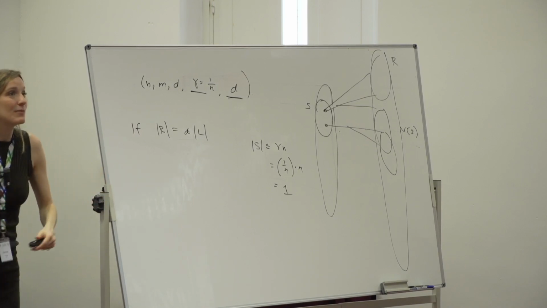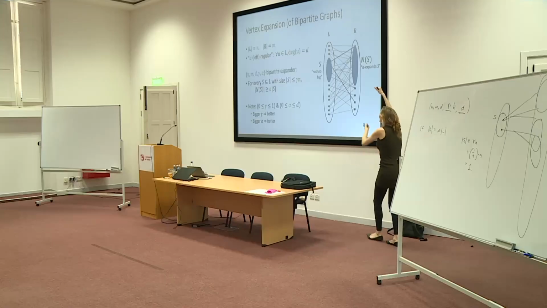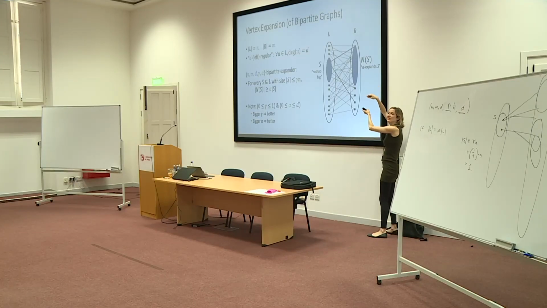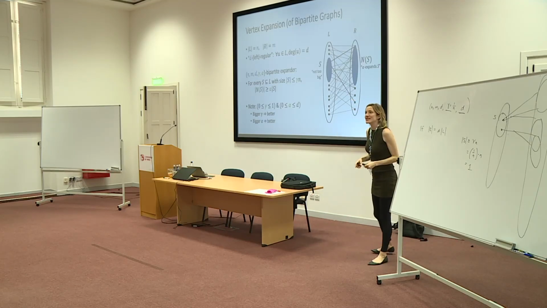But in fact, in some applications, for example directly in error correcting codes, R inherently needs to be smaller than L, in which case it's trickier. You have to work harder at that. And a related question: can we switch the roles of L and R and get the same properties?